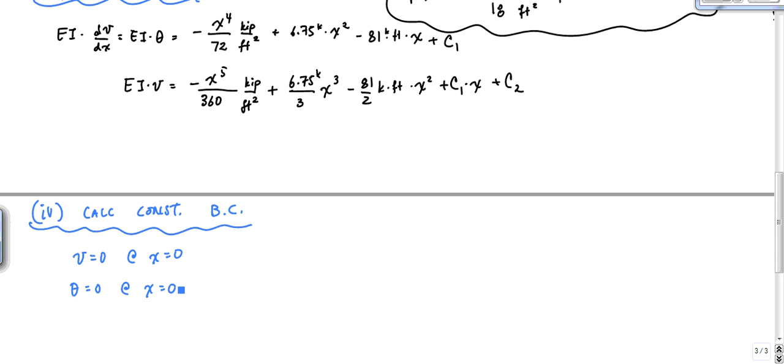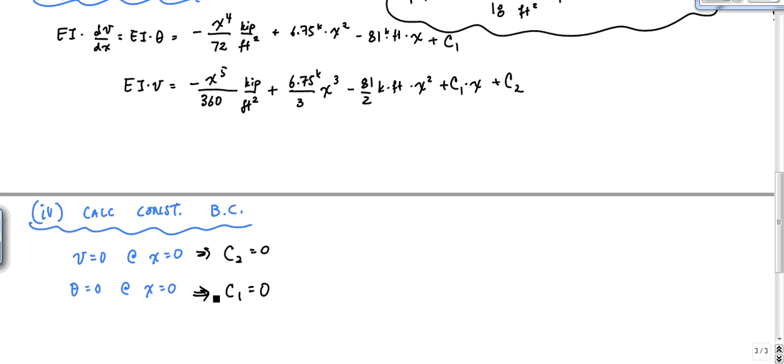If I plug x equals 0 into the first equation, I get C1 equals 0. And then if I plug x equals 0 into this one, that was easy, C2 equals 0.